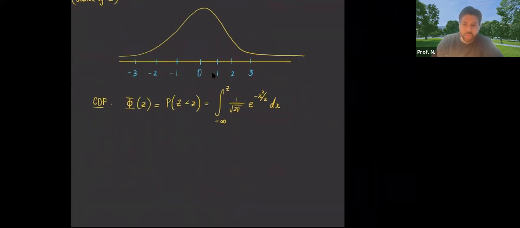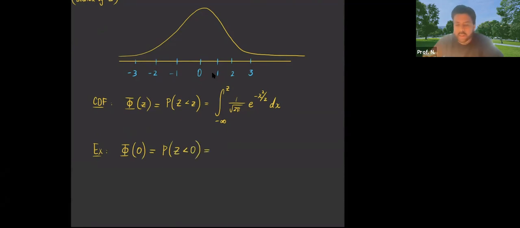So what do we do to find, for example, what if I want to find the CDF at 0? What am I asking for? Well, I want to find the probability that my standard normal random variable is less than 0.